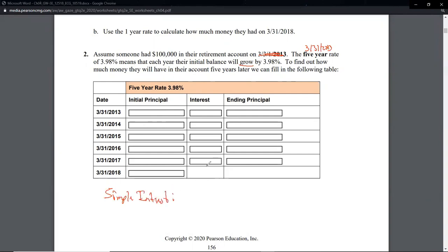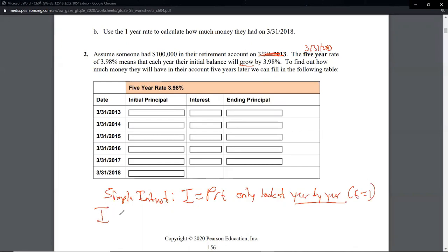We have talked about the idea of simple interest, where the amount of interest you earn is the principal times the rate times the amount of time, but we're going to only look at this over 1 year. So that makes t equal to 1 each time.